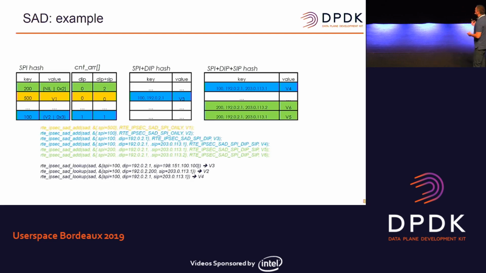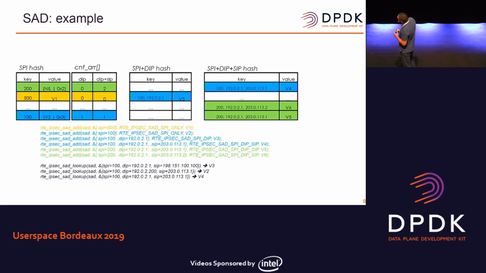But then it becomes a bit more interesting. Now we're adding an entry with SPI 100, but also with destination IP. So first we add the entry to the second table, the blue one, right? Then we search for SPI 100 in our first table.